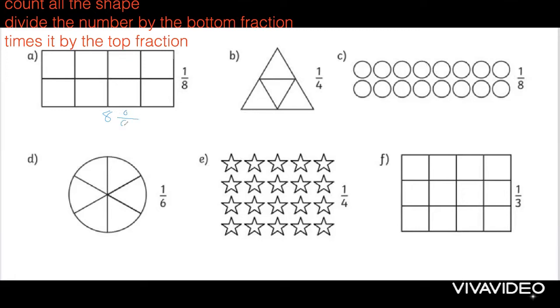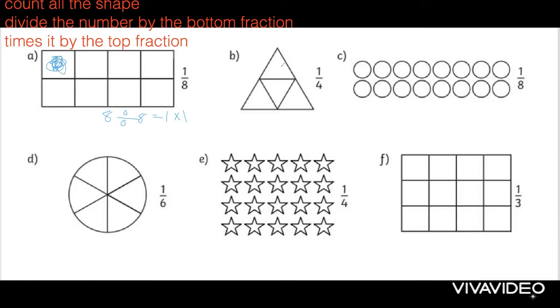So we do 8 divided by 8, which equals 1. Okay, and then we times it, so 1 times 1 is 1, so we just shade 1 square. I'm not going to shade it properly, I'll just do it like this for you guys. So we do 1 shape.